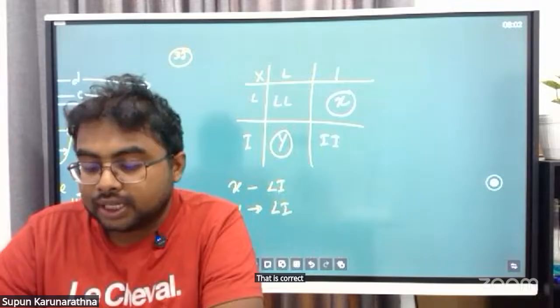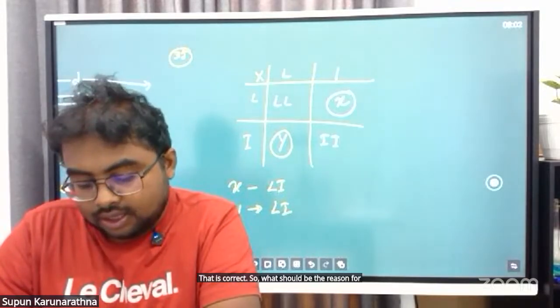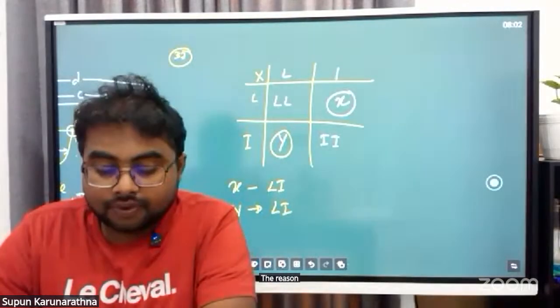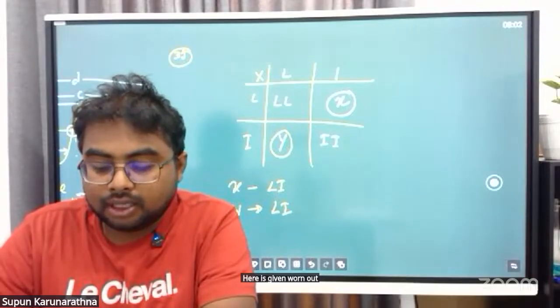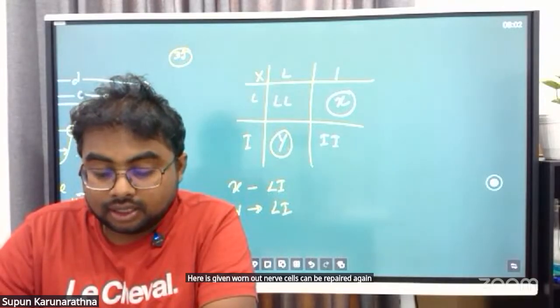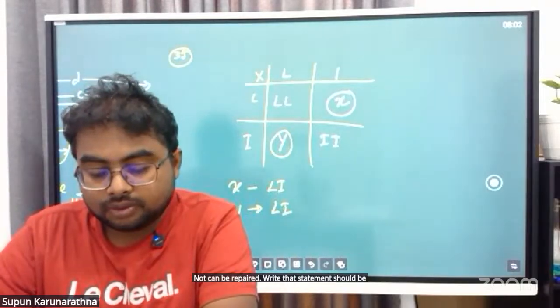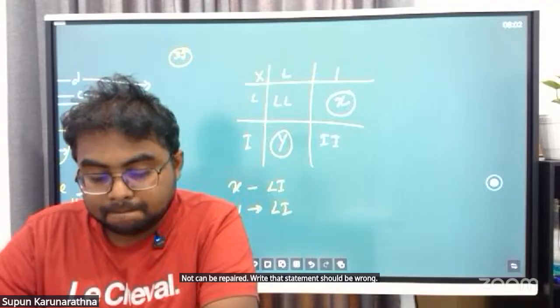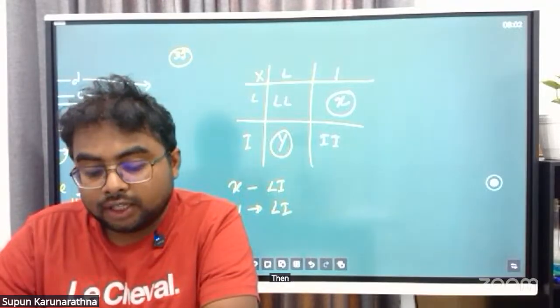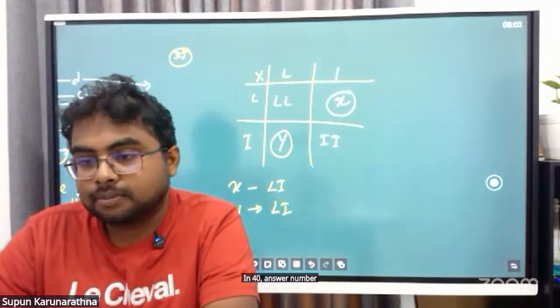So what should be the reason? Worn out nerve cells can be repaired again. Not can be repaired, that statement should be wrong. Then in question 40, we can take answer number 2.